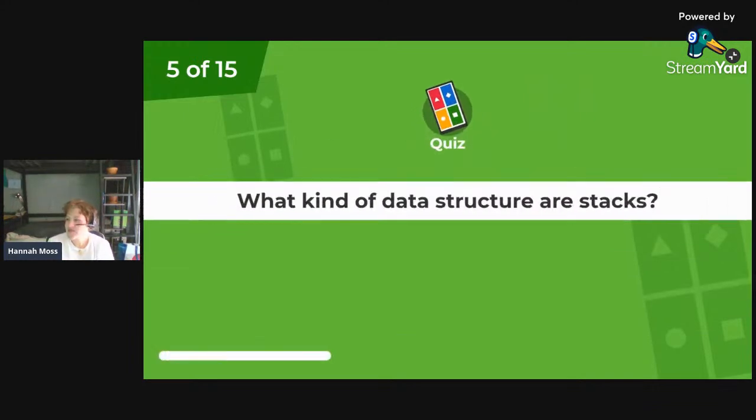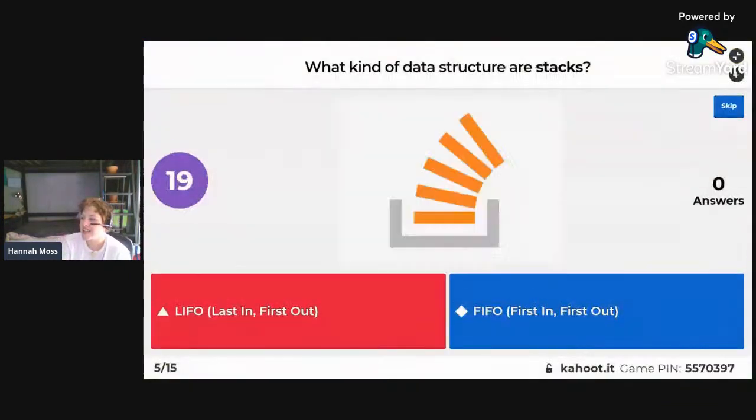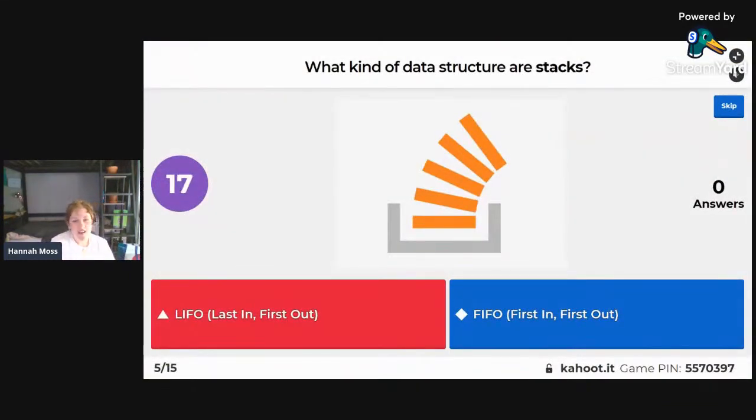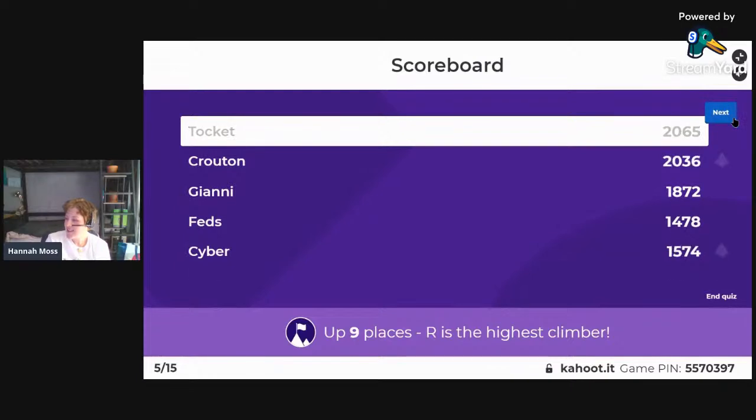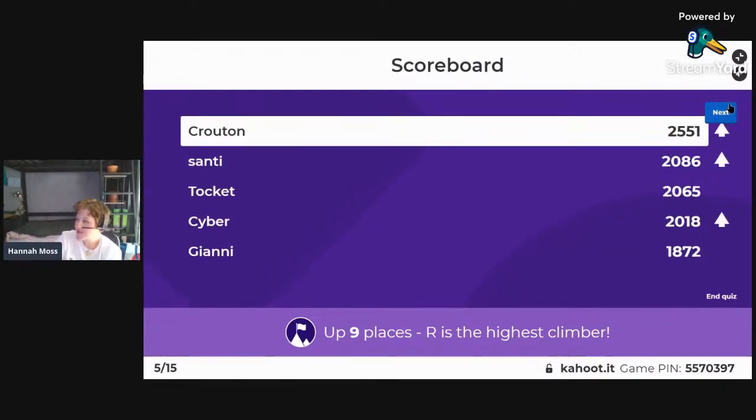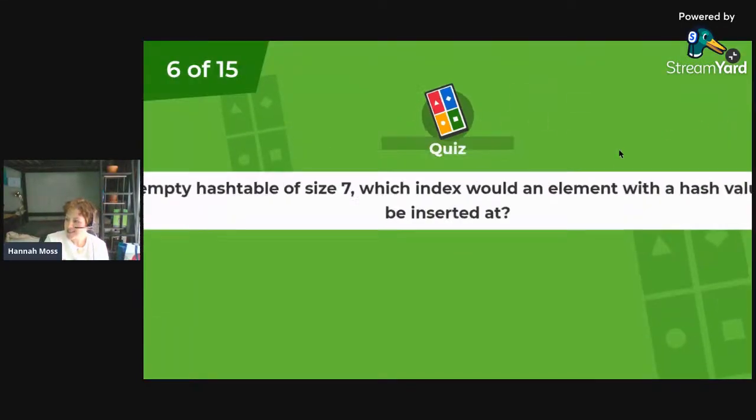Okay, next question. What kind of data structure are stacks? Are they first in, first out, or last in, first out? Yeah, and this is something you'll definitely want to know for the foundation exam. Crouton still in the lead.